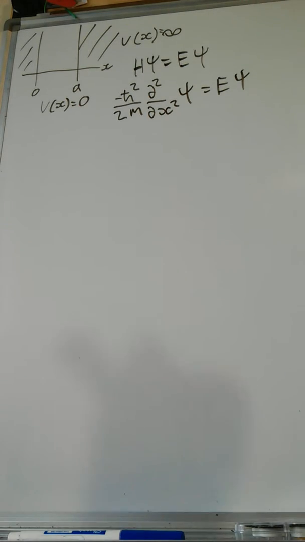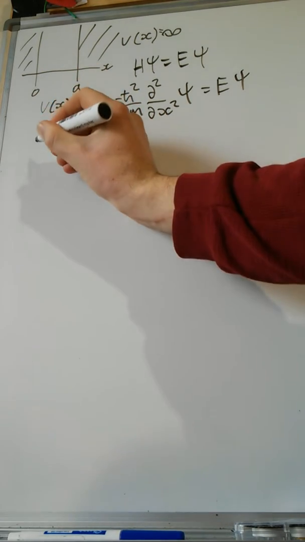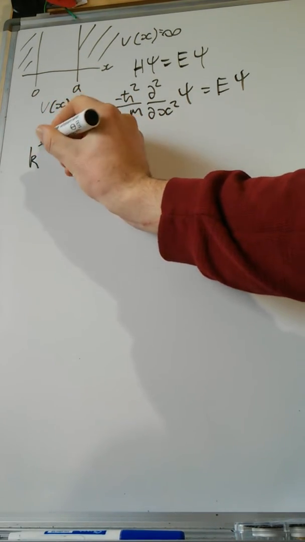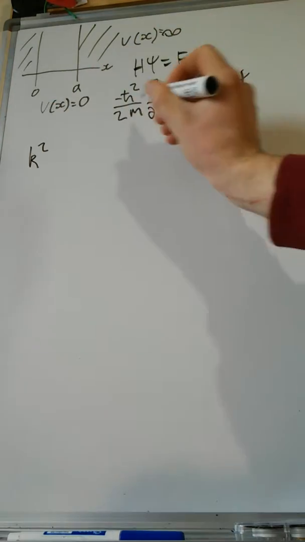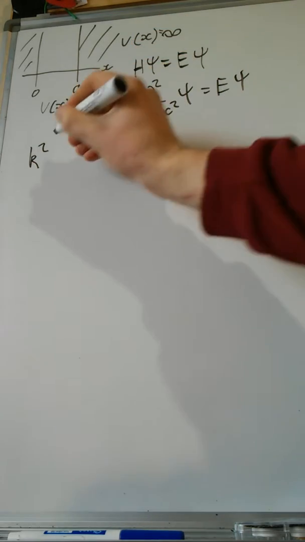So what we can do is we can introduce a variable k. Actually, we'll make it k squared is going to equal, well, multiply this side by 2m.